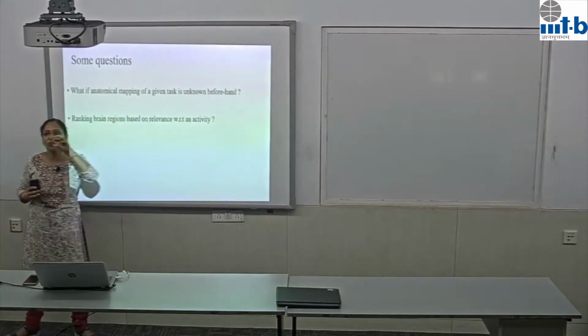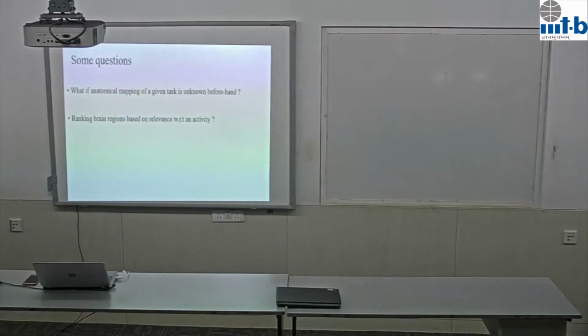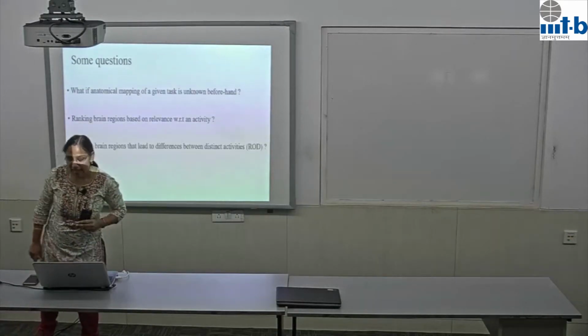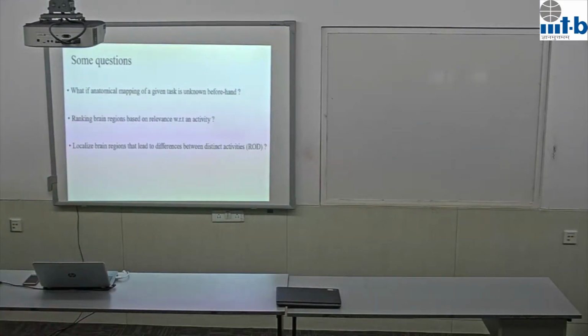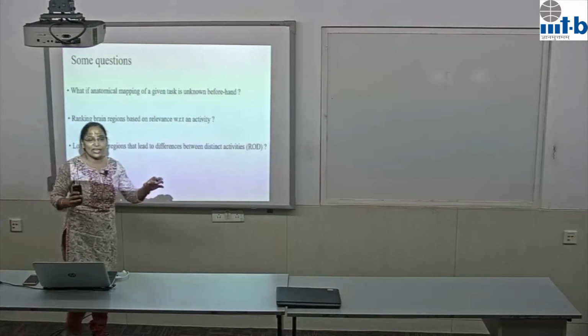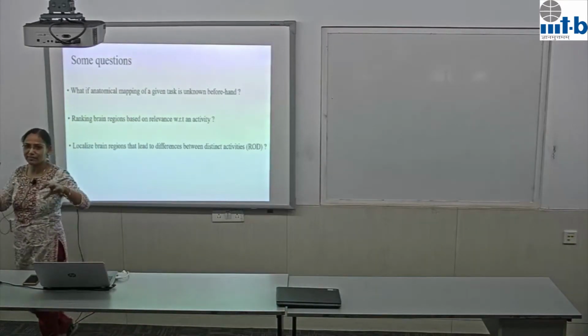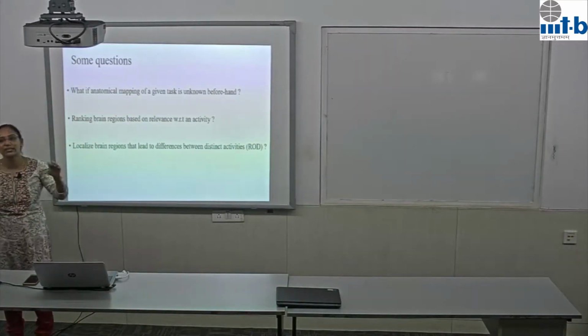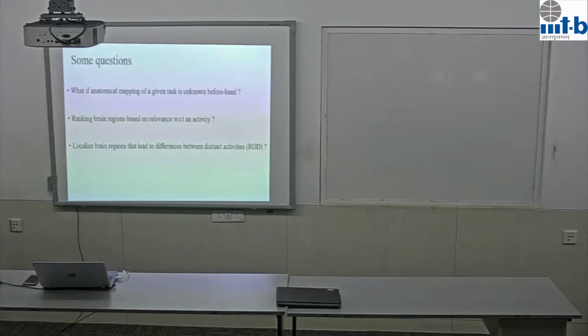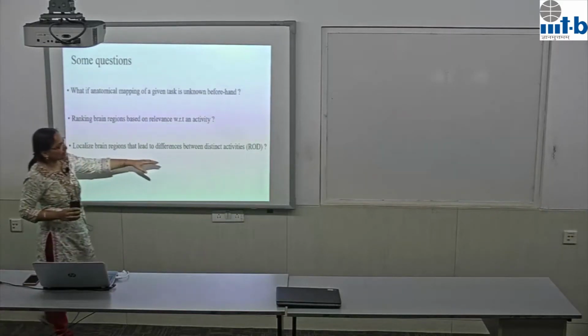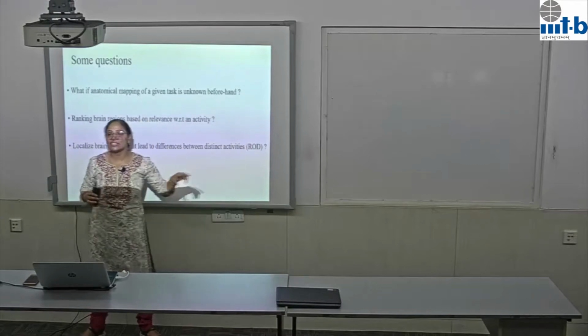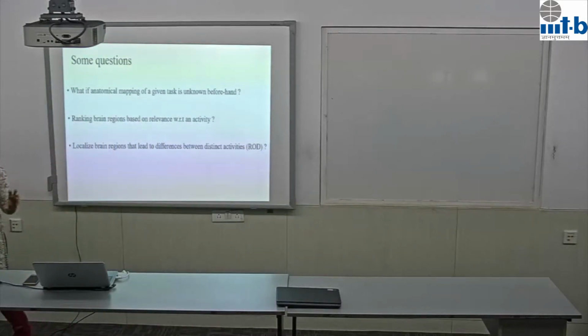Can you say this is the most important part, this is the second most important, third most important, and so on? All along, people had been looking for regions of activation. We were trying to say, if the person is performing two different activities, not at the same time, he does one activity once and later does another activity, can I localize the region of discrimination between two activities? These were the questions we tried to answer.